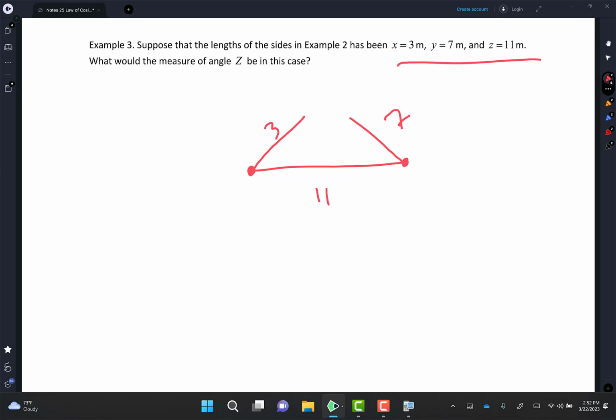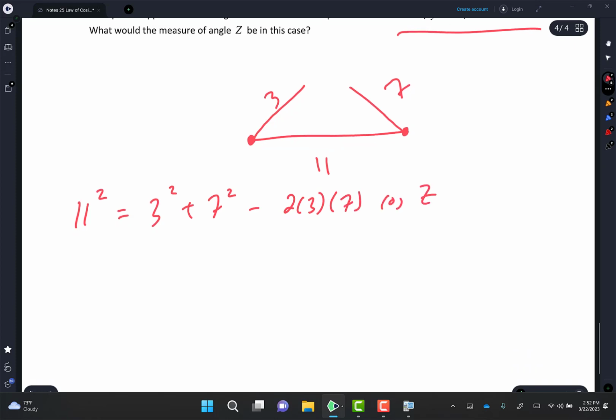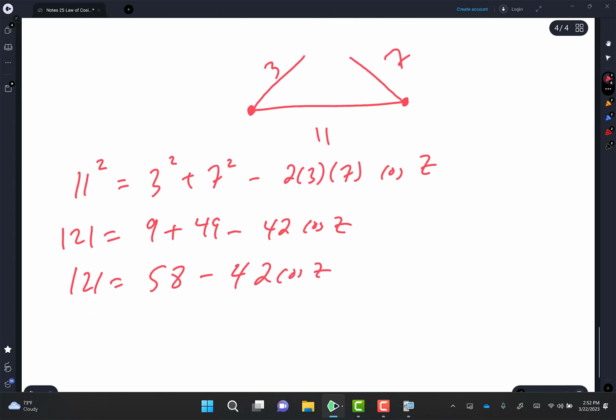So if I try to do law of cosines with this, I better not get an answer. And you don't. Watch. 11 squared equals 3 squared plus 7 squared minus 2 times 3 times 7 cosine Z, like doing the same thing that we just did. 121 equals 9 plus 49 minus 2 times 3 is 6, 6 times 7 is 42, cosine Z. 121 equals 58 minus 42 cosine Z. Minus 58, minus 58.